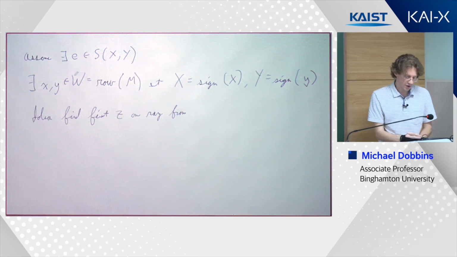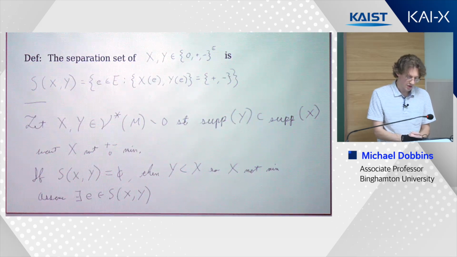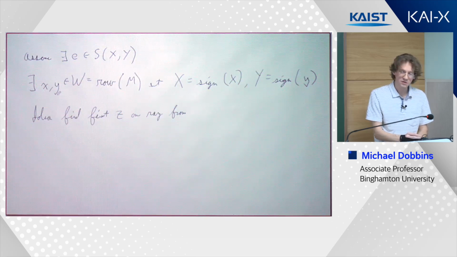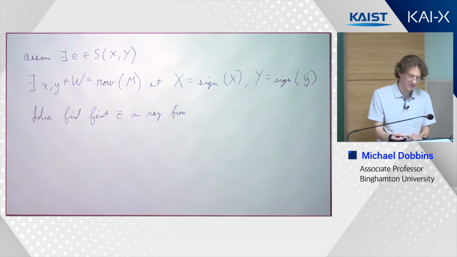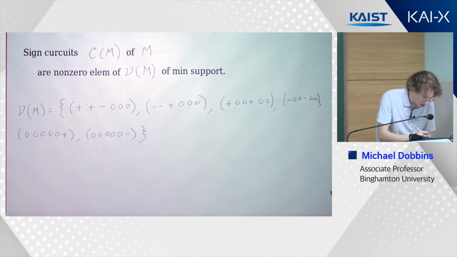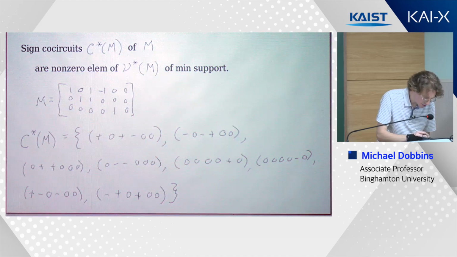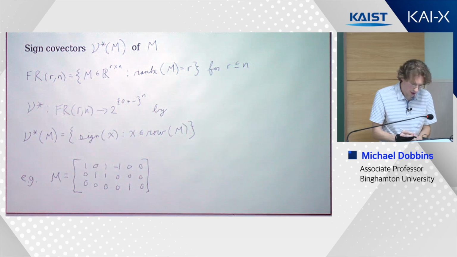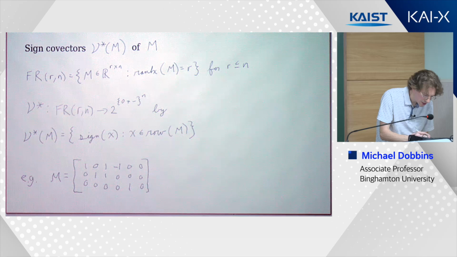Oh, so here by W I mean the row space of the matrix, and the covector set is the set of all signs of something in the row space. So this is exactly from the definition. Maybe I go back. Where was the definition? Yeah, the notation I mean there is the row space, not the rows.